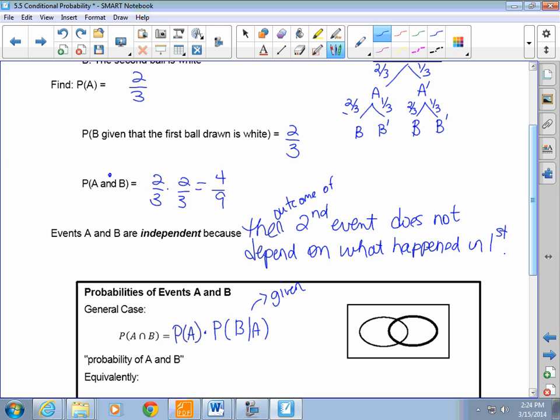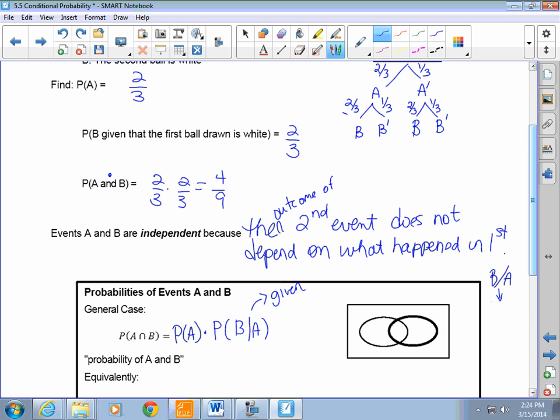So that's what that slash means. Not to be confused, and if you look in the textbook, B not A, which was what we were looking at before, was slanted. B given A is straight up and down.